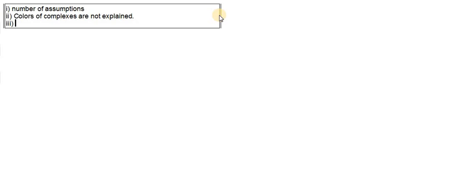So that's again a drawback of this VBT. So we can write: quantitative representation of magnetic data is not explained or given.